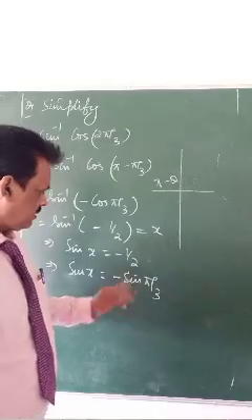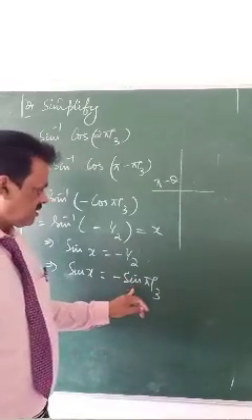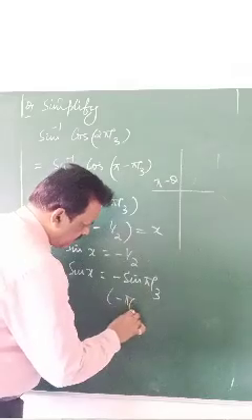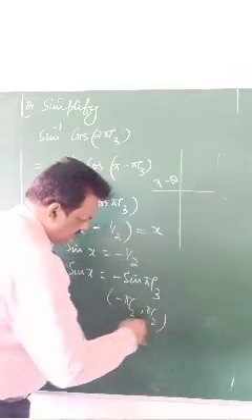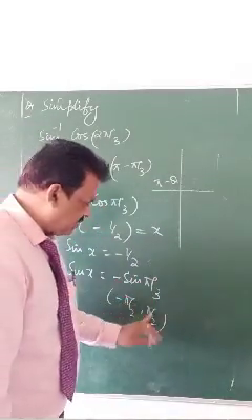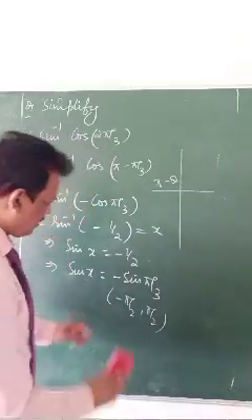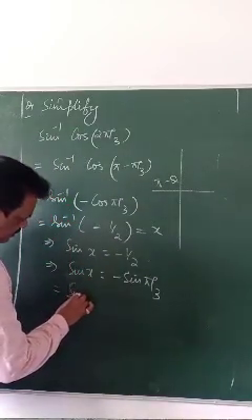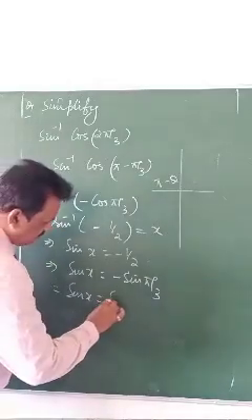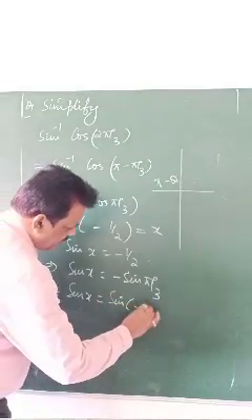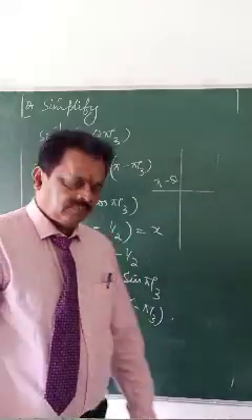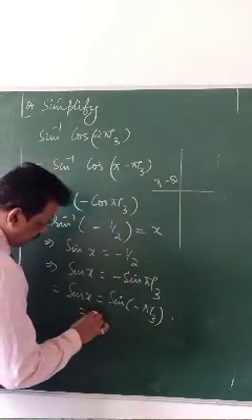But what is your range? Range is minus pi by 2 to plus pi by 2. This is what always you have to remember. Your range has to fall between this. So I can write sin x equals sin of minus pi by 6. So the value became minus pi by 6.